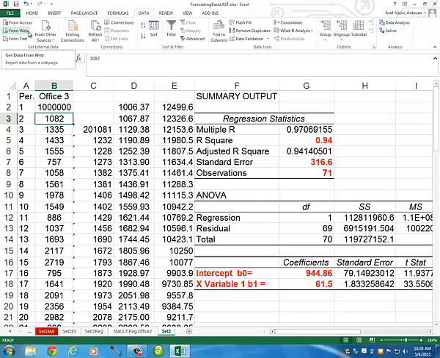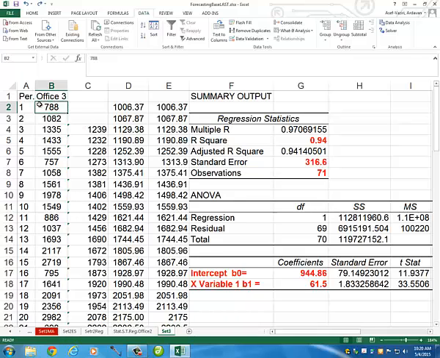In practice, that is what I will do. I will first use regression to see what is R squared, to see what is p-value, to see what is a standard error, and after that I use just trend function.